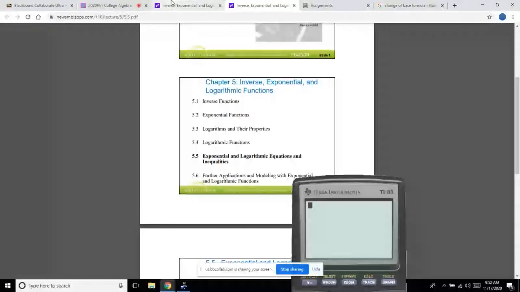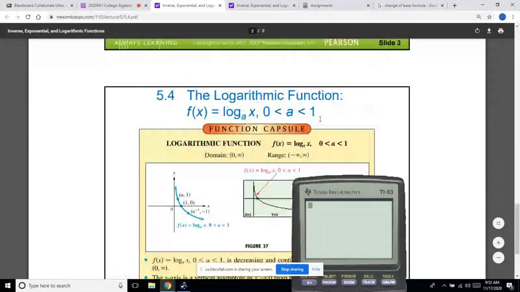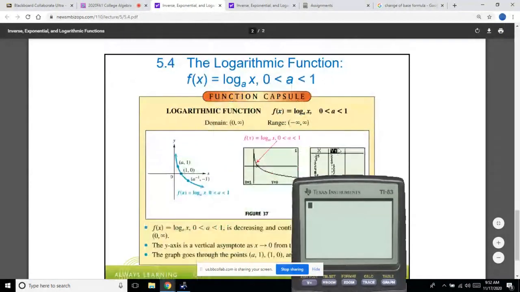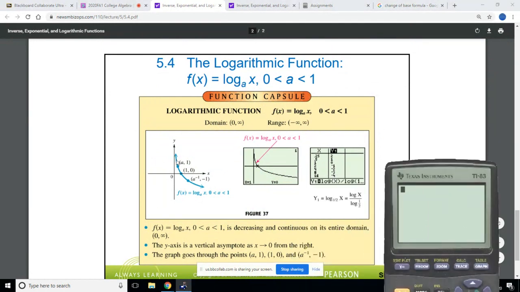Okay, I don't quite know where I left off. So I'm just going to go back 1 second. All right, so I believe we were talking about logarithms whose base are in between 0 and 1. They would take this particular shape, right, and they would pass through these points.